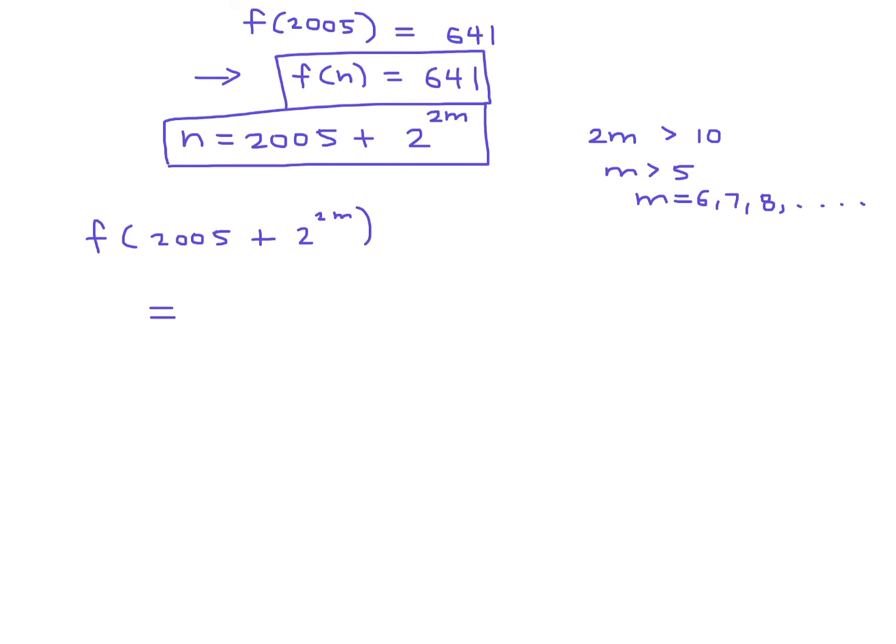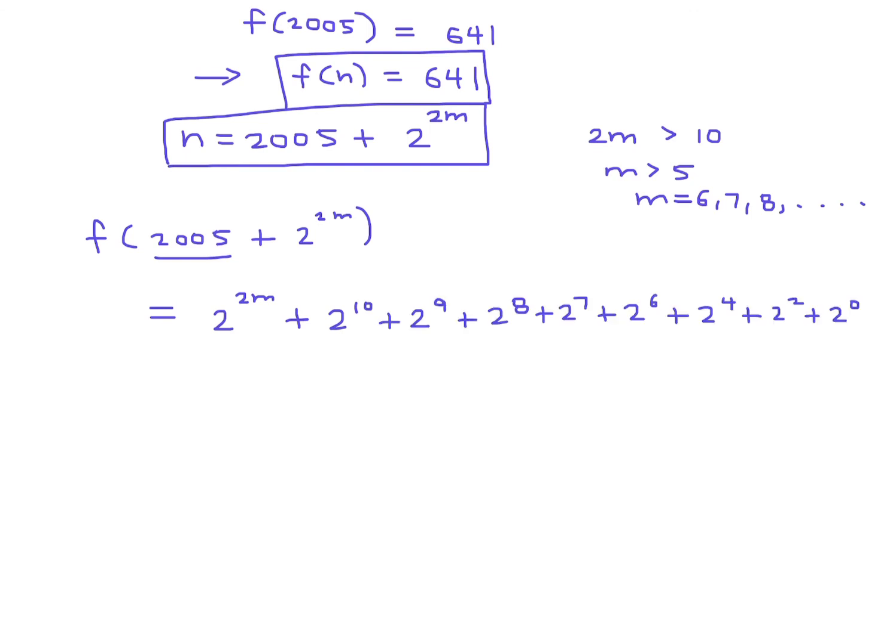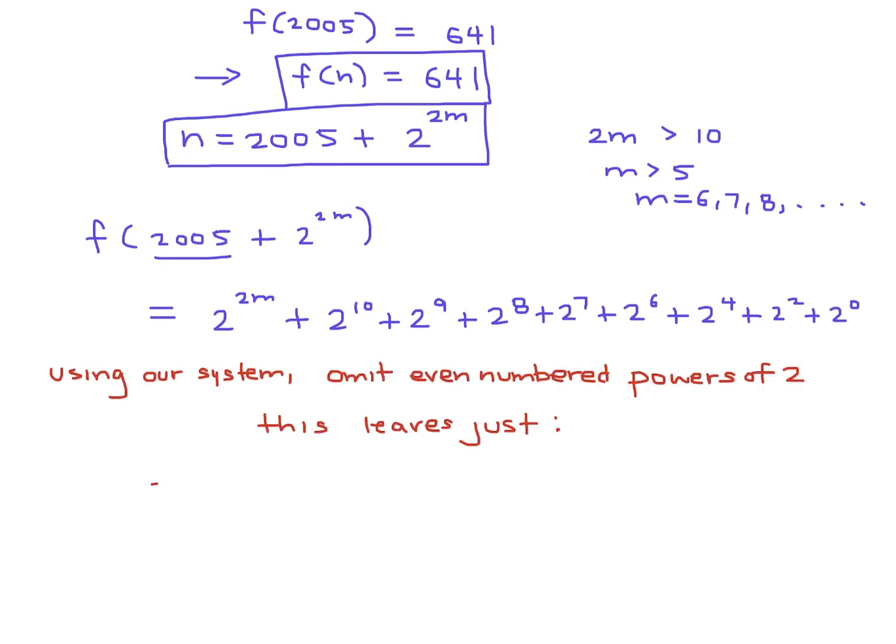If we were to do this in our system, we would write it all out, which is going to be 2 to the power of 2m plus 2005 written in binary. And then if you eliminate the even numbered powers of 2 using our system, we would get rid of this one, this one, this one, this one, and this one.